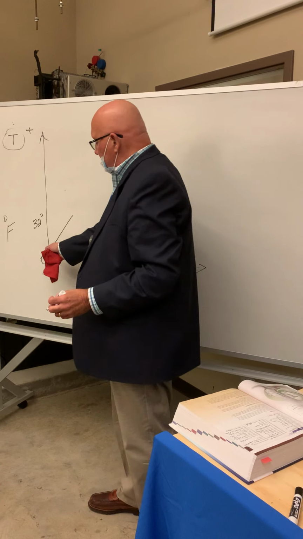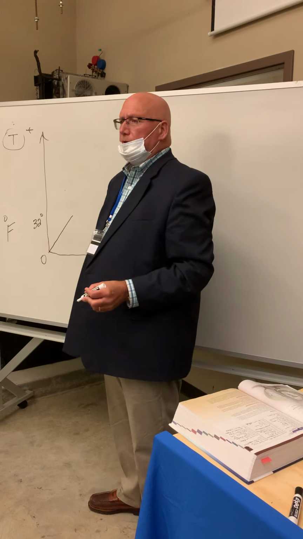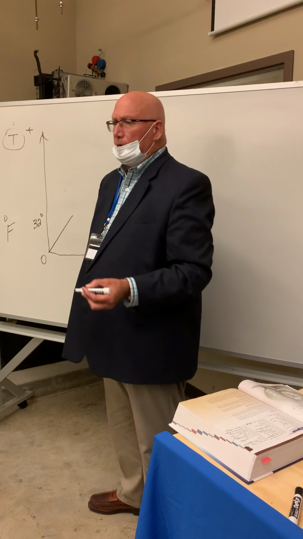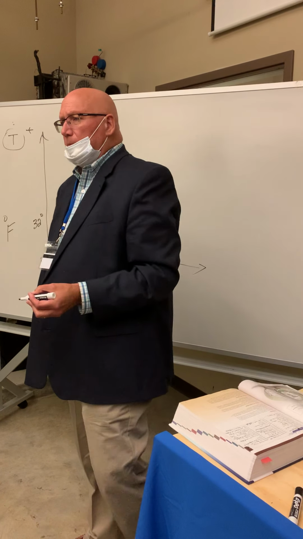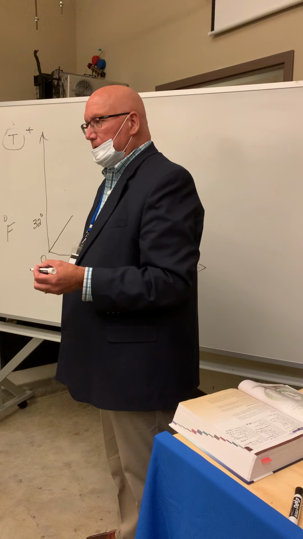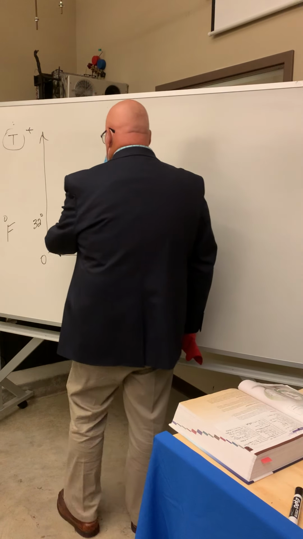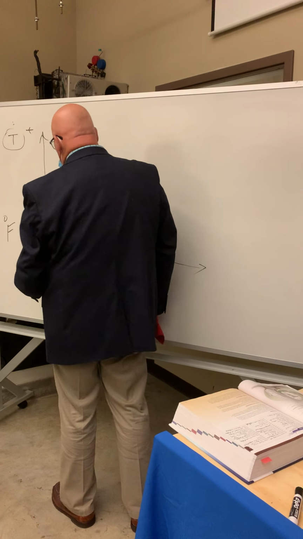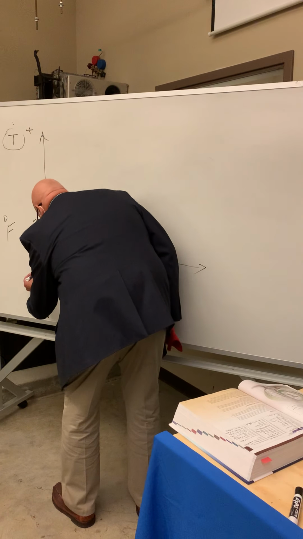As I slowly go from 0 to 32 degrees, I have a block of ice. But as I begin to add heat to that, which is what I'm doing in this direction, this is a solid.